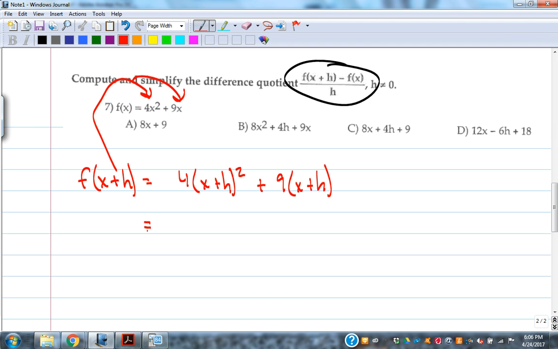I'm doing it like separate pieces because I think it's easier that way. So when I square that, that's going to be x squared plus 2xh plus h squared. And then I would distribute here. And I'm going to go ahead and distribute the 4.